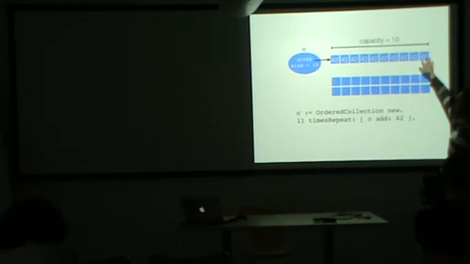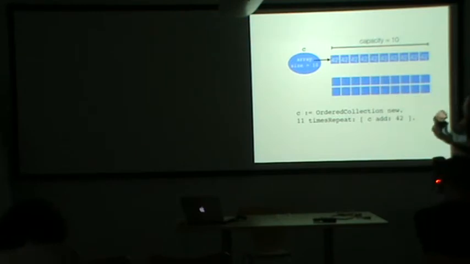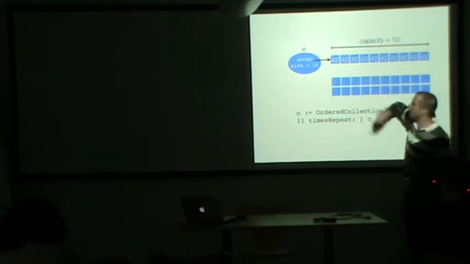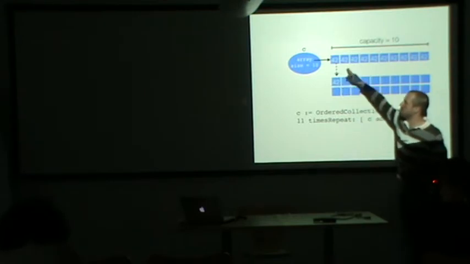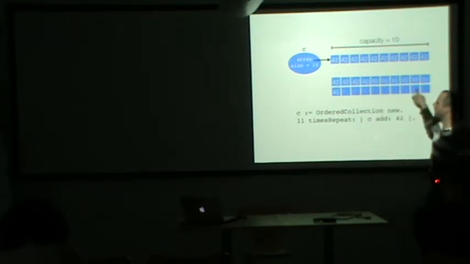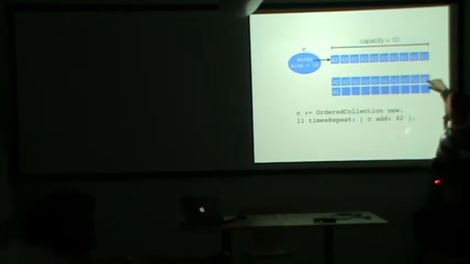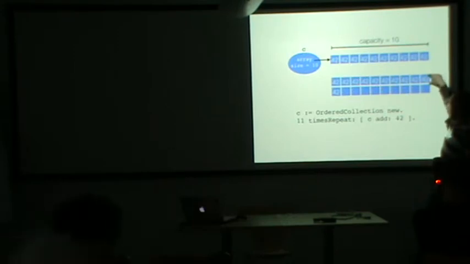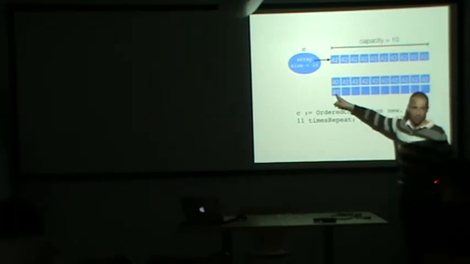So here, the original size of the internal array is 10. Now I have an array of size 20 that is being created. And then all the elements are copied. So here 42 is being copied, and then here 42, until I copy all the elements, and then here I have the 11th element.